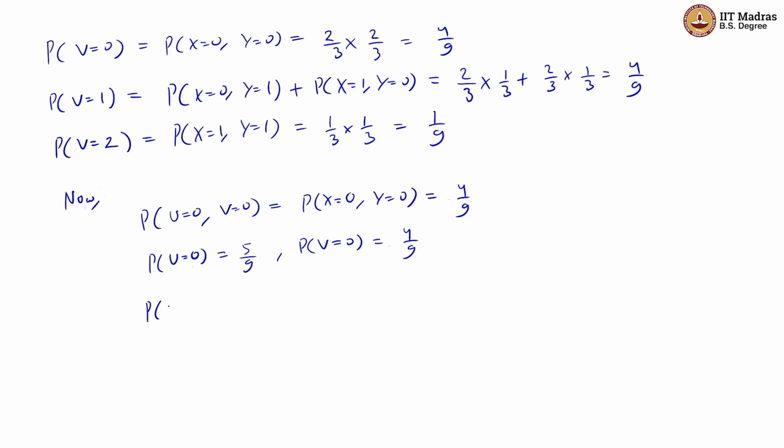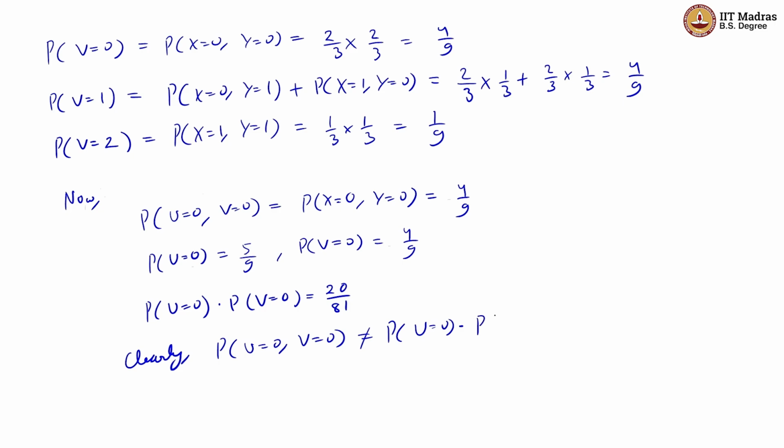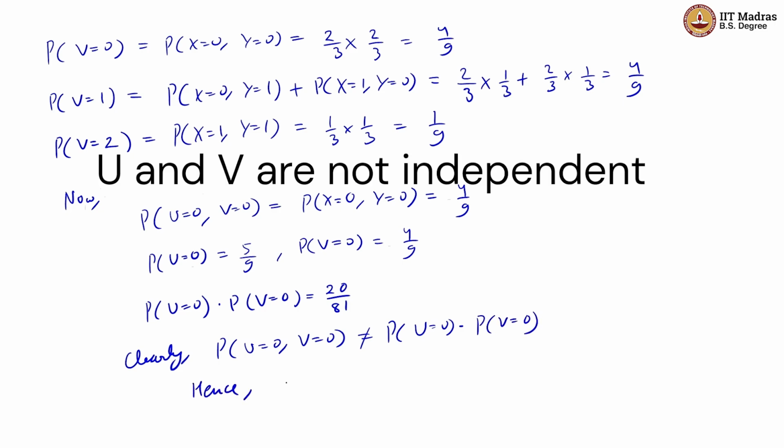So the product of probability u is equal to 0 and probability v is equal to 0 is equal to 20 by 81. So clearly joint u is equal to 0 and v is equal to 0 is not equal to product of marginal u is equal to 0 and v is equal to 0. Hence u and v are not independent.